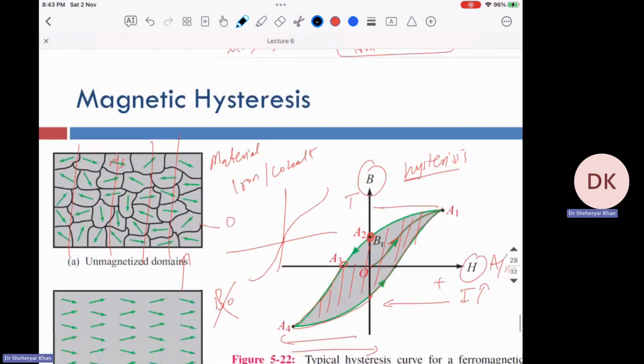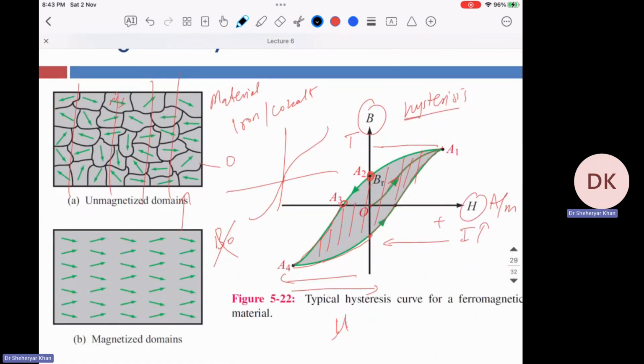So when we compute the losses in motors and transformers, what happens? When you plot the BH curve, H is the intensity and B is equal to mu naught H. Actually, it is the relationship between B and H. If B is equal to mu naught H, the mu naught is constant. If you plot B and H for air, you see that it's a straight line.